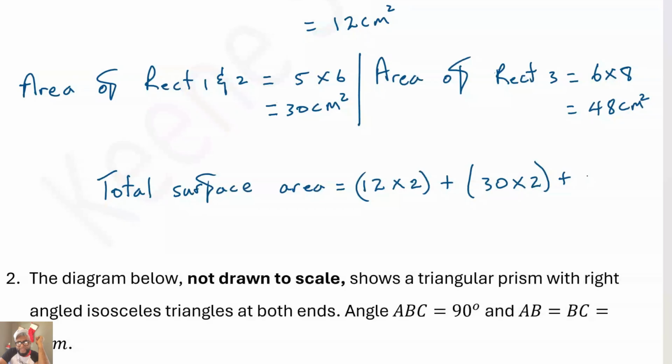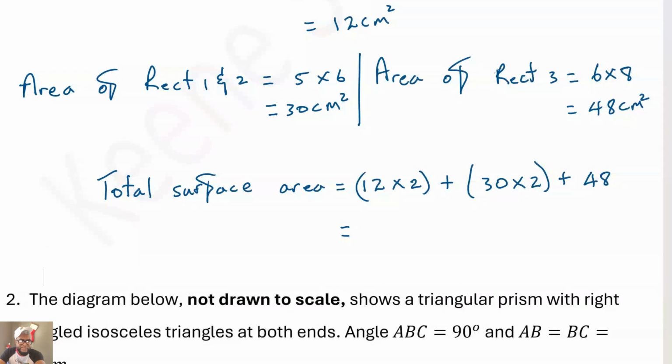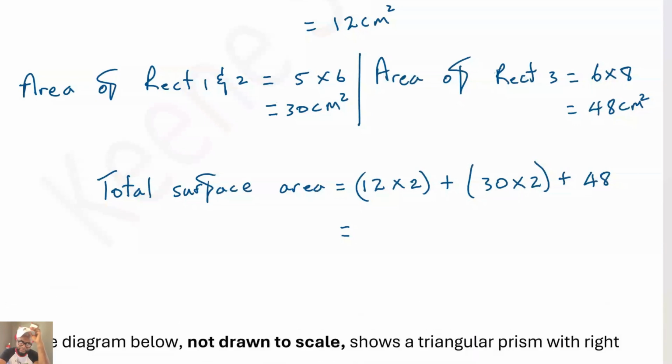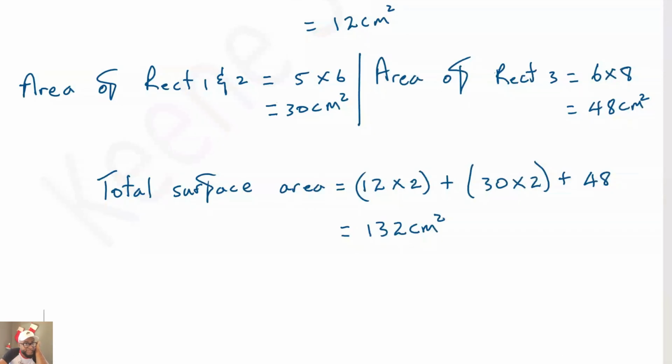And then what's the last rectangle? 6 by 8, which is 48. So when we add up all these, what would be the total surface area? Somebody second that, because I'm not calculating these things. 132 centimeters squared. That's my total surface area.